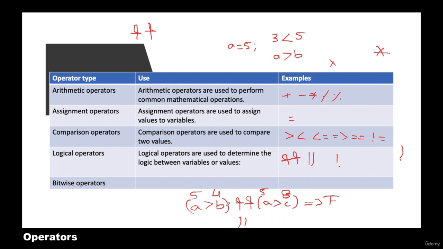So if A greater than B OR A greater than C, one condition is true and the other is false, but it still returns a true value because we are using the OR operator. That's it about the OR operator. Similarly, we have bitwise operators, but that's not much important, so we can skip that for now.